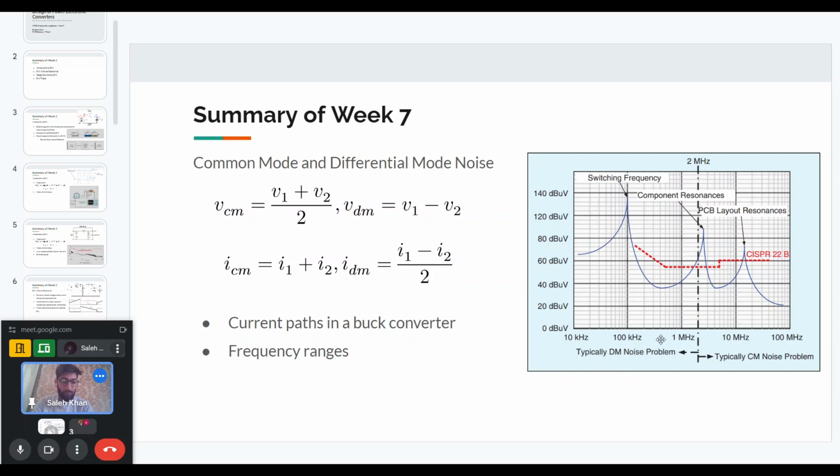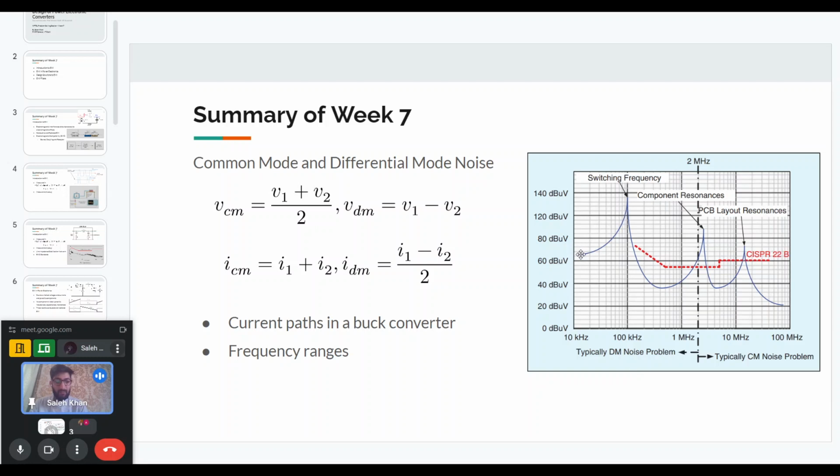Usually the differential mode noise will be at lower frequencies, and the common mode noise will be at higher frequencies. The common mode noise is usually due to the parasitic capacitances, while the differential mode noise is majorly due to the parasitic inductances.